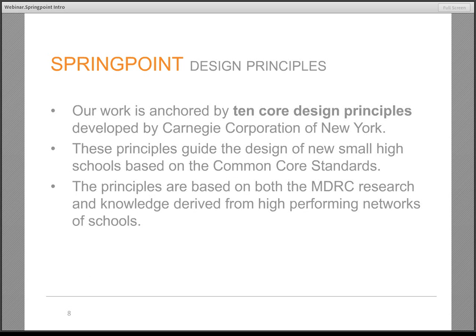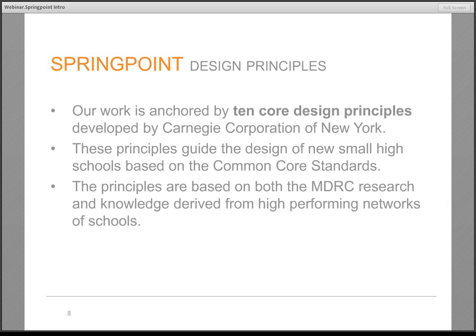So I'm going to get to the design principles. The design principles were developed by Carnegie Corporation of New York. There are 10 of them, and they're a guide for designing new small high schools based on the Common Core.